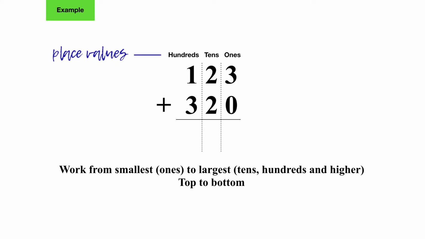We're going to get 3 ones, 2 tens, and 1 hundred. For the next number, we're going to have 0 ones, 2 tens, and 3 hundreds. Why do we have 0 ones in 320? Because there is no ones. We've got a 0. We've got nothing, but we still need to say that we have 0 of them.